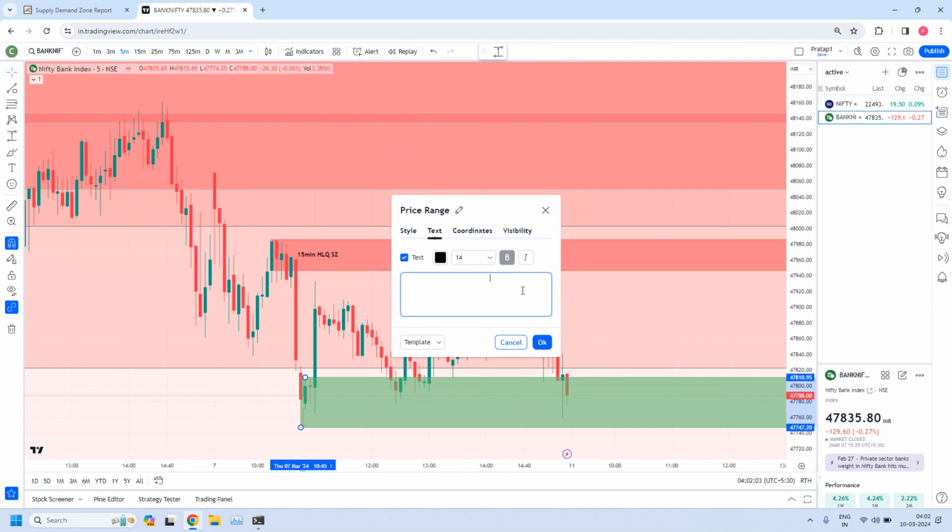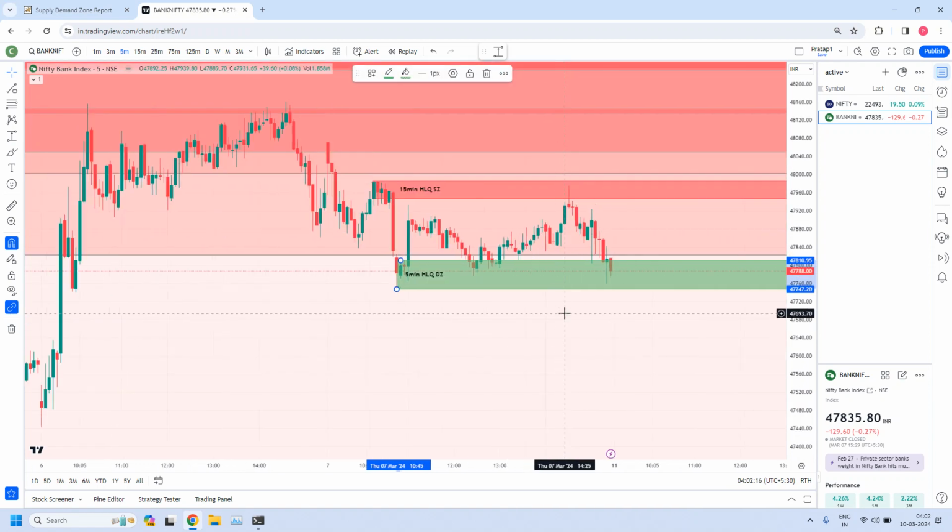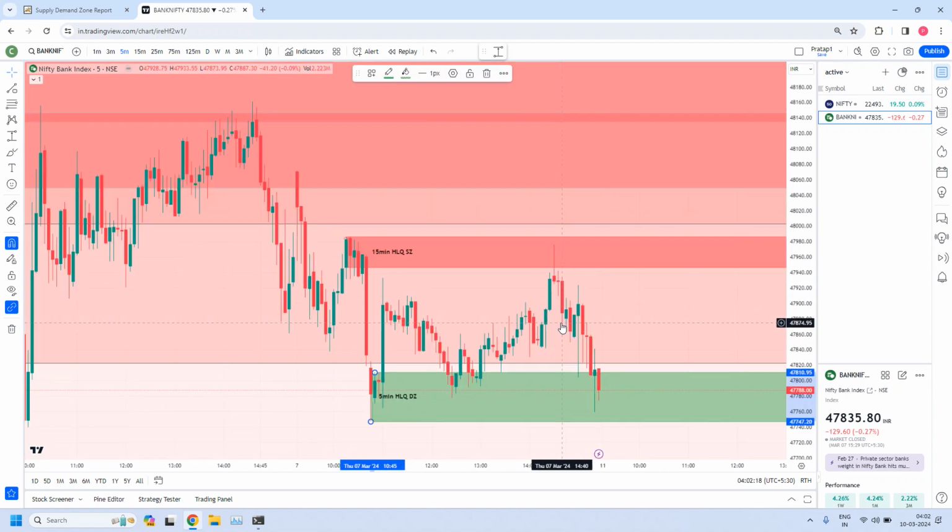This is a 5 minutes high liquidity demand zone. See here, the price movement between the 5 minutes high liquidity demand zone and the 15 minutes high liquidity supply zone.